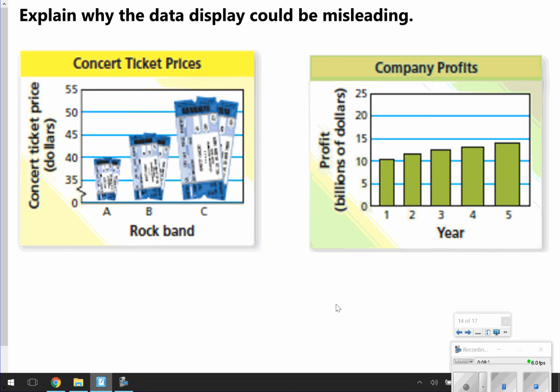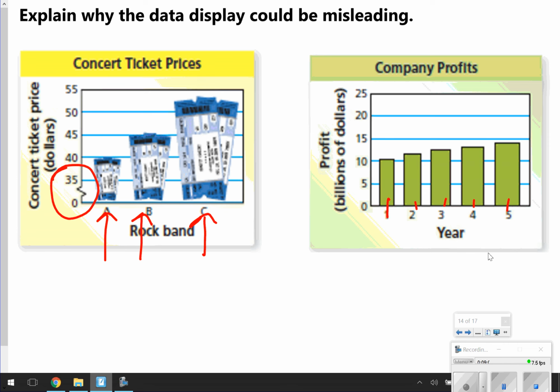So again, explaining why the data could be misleading: a break in the graph. Also notice, all these pictures are kind of hard to tell because they don't use the same size of the pictures. And then for this one on the company profits, it's very hard to tell which ones are the more specific numbers, and if you notice, the bar graph keeps getting bigger and bigger as you go on.